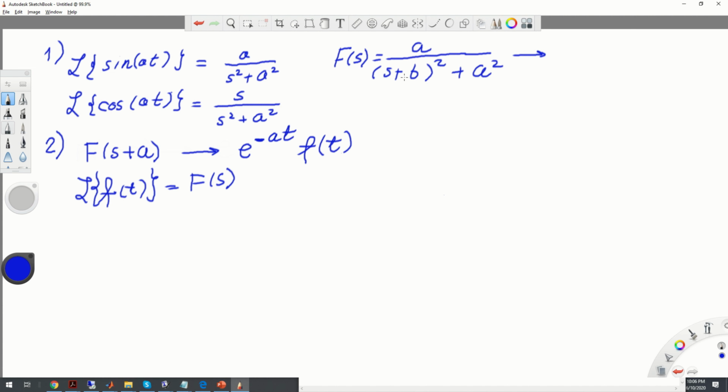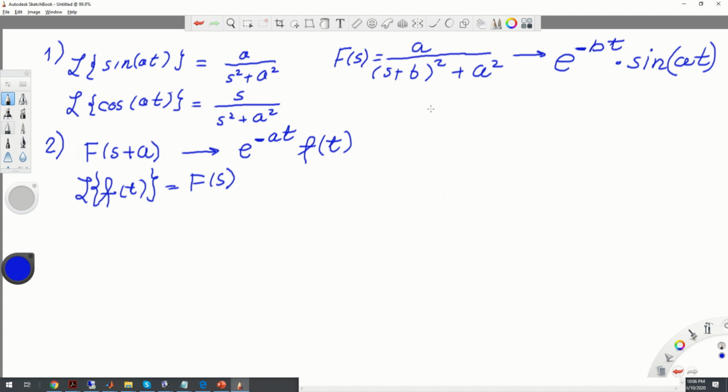What do we recognize here? This is nothing less than the Laplace transform of the sinusoidal signal, shifted in the frequency domain. So in the time domain, this becomes e to the minus bt times sine at.